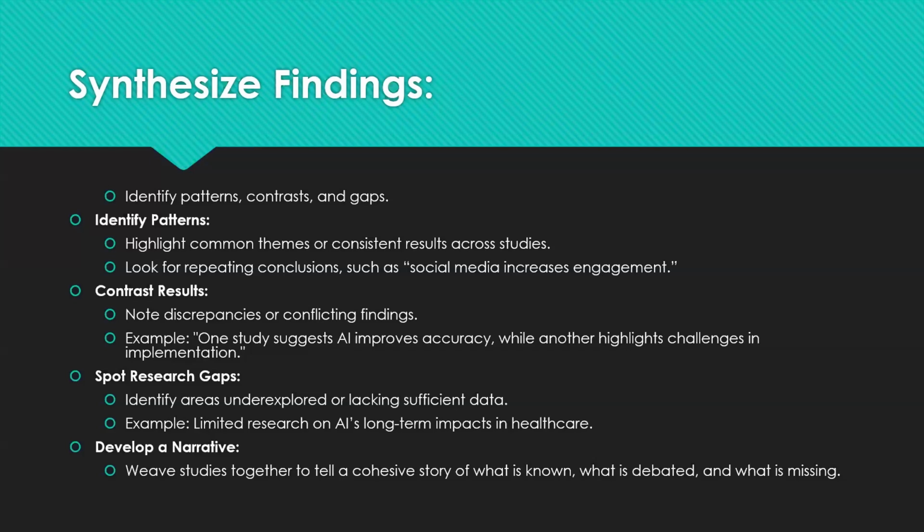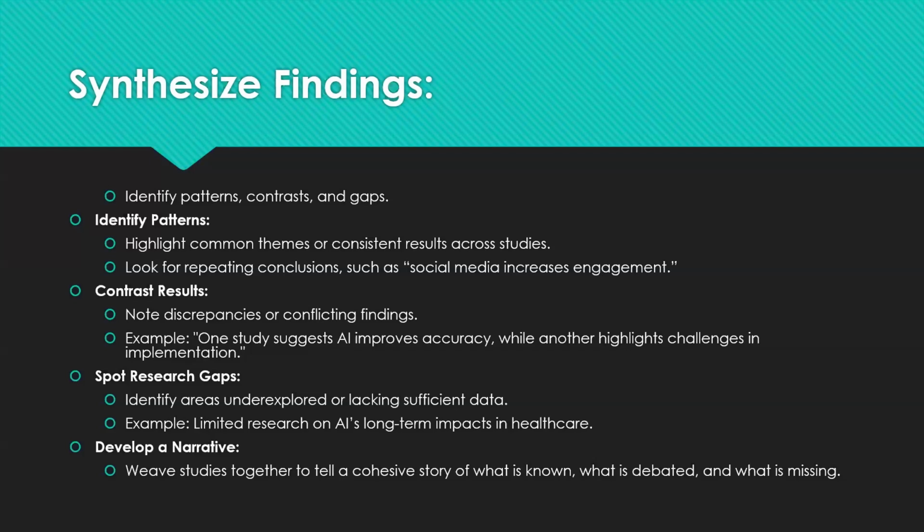Then you need to find out what contrast is revealed between both studies, where one says AI improves accuracy and the other focuses on the implementations. This contrasting result must reveal the areas of debate or uncertainty which require further exploration.